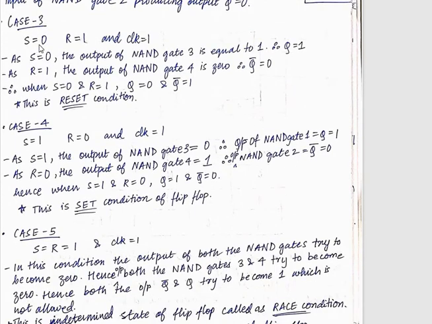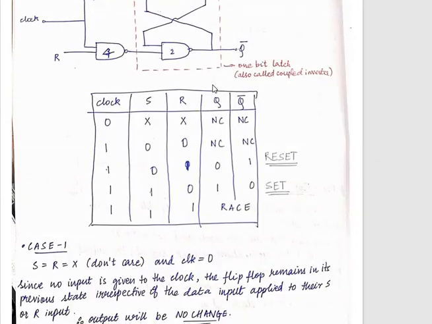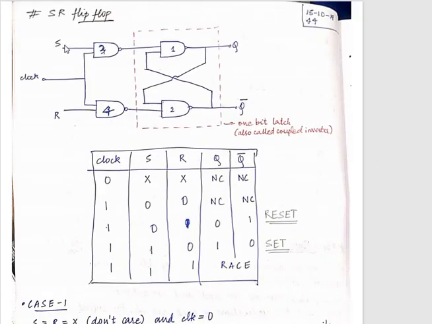Next, when S equals 0, R equals 1 and clock equals 1. So S0, R1 and clock 1. When S equals 0 and R equals 1 in this diagram, the output of NAND gate 3 will be 1. For S equals 0, the NAND gate 3 output will be 1, and with R equals 1, the output of NAND gate 4 will be 0.